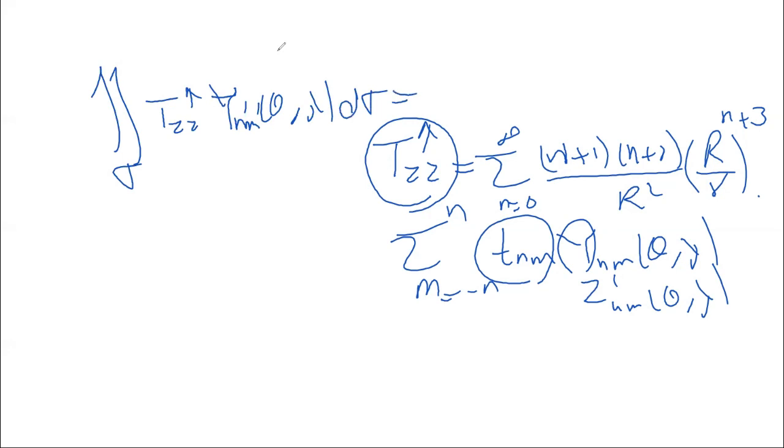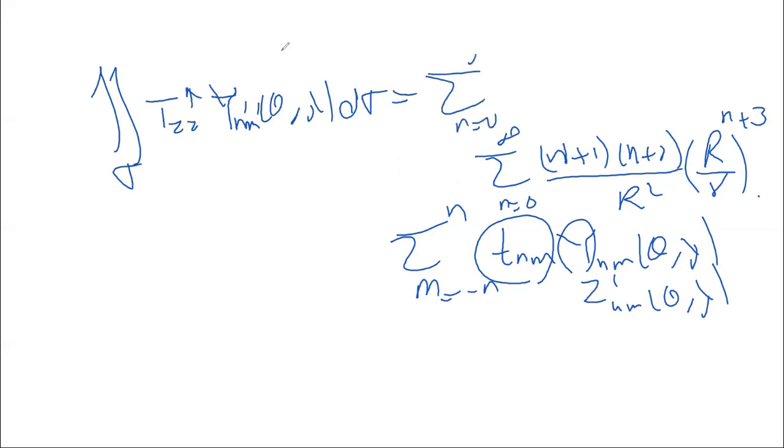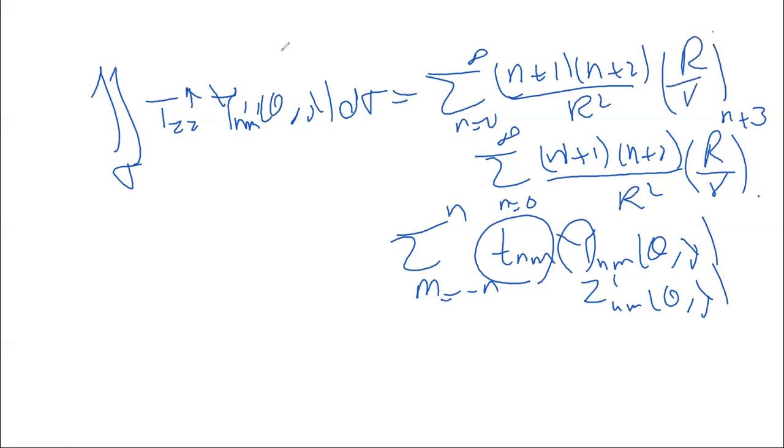This means that I will take the integral of the right hand side. I come to this formula if I do so. This will be, I will write it, sigma, then 0, then n plus 1, n plus 2, r2, r over r n plus 3.